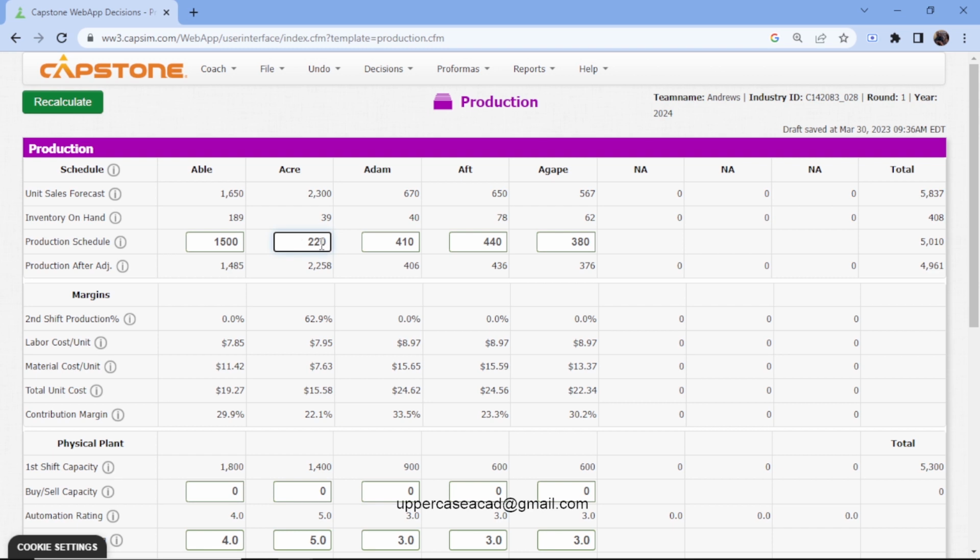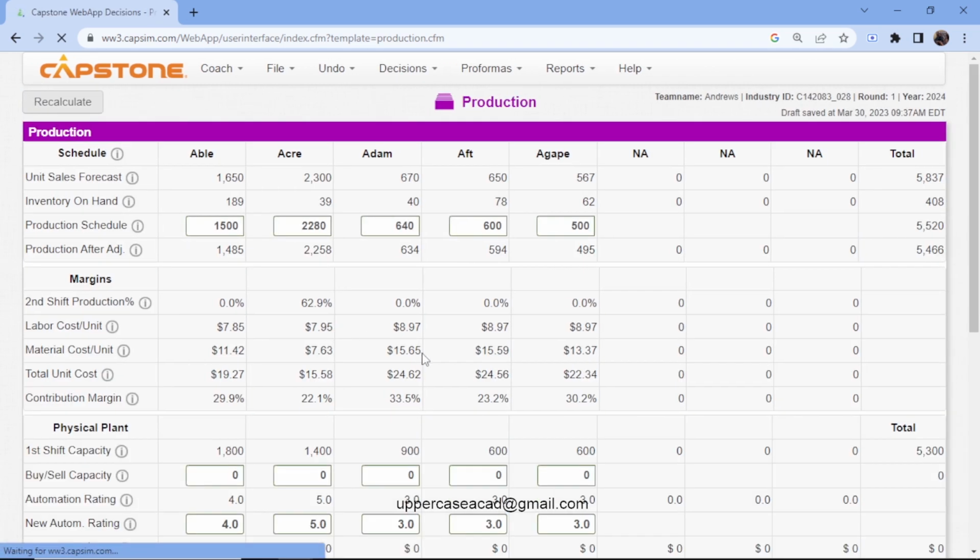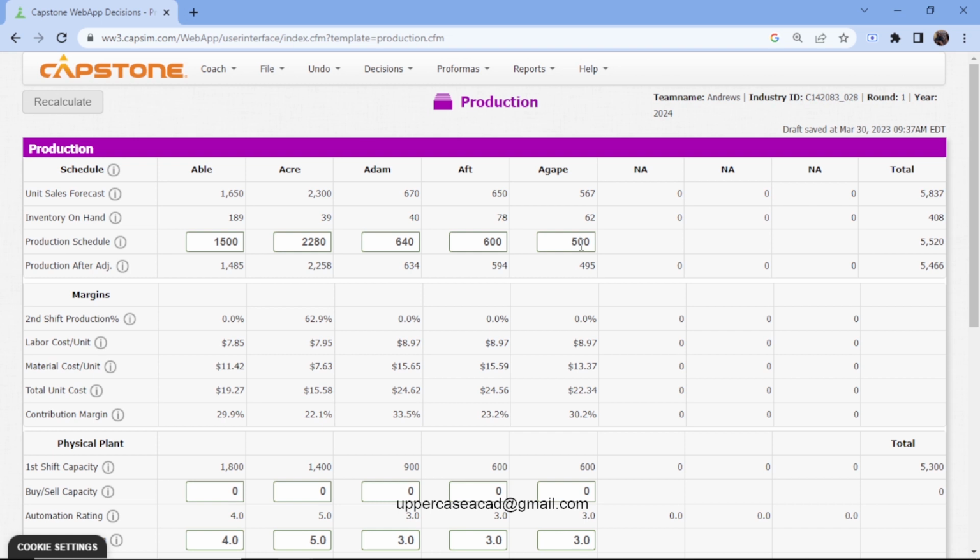Let us just leave it at 2,280. Then for this one, I'll produce 640. Then for this one, I'll produce 600. Then for this one, I'll produce 500. Let me top it up to 510.